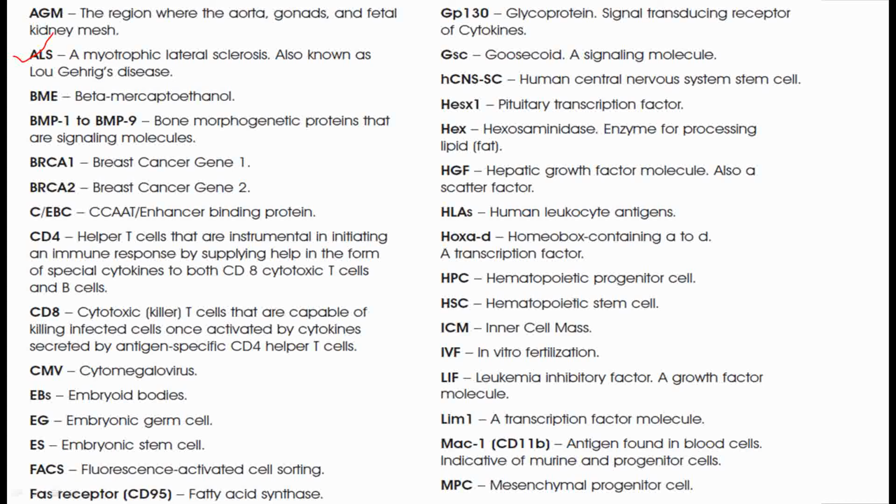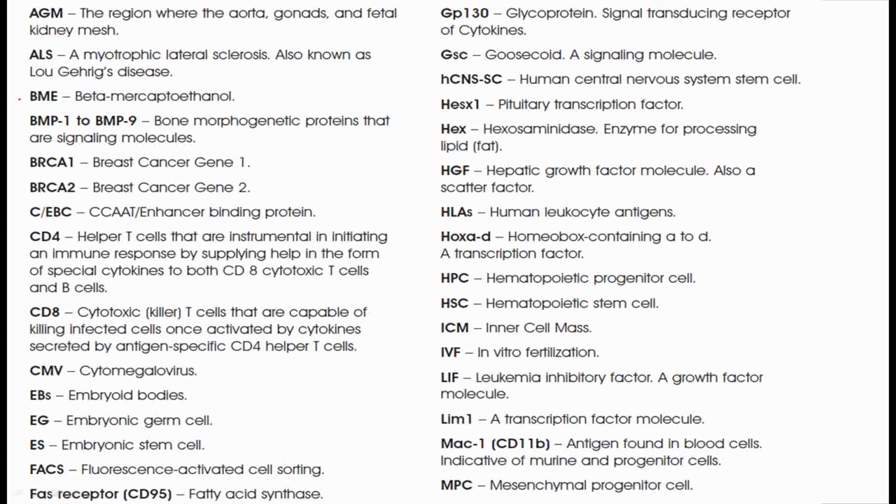All these terms we have studied in our previous lectures of regenerative medicine, so now the full forms and their main points are given here. This ALS is amyotrophic lateral sclerosis, and this is also known as Lou Gehrig's disease.